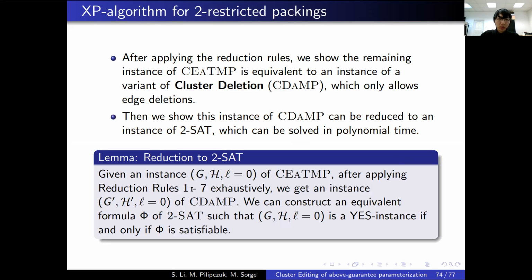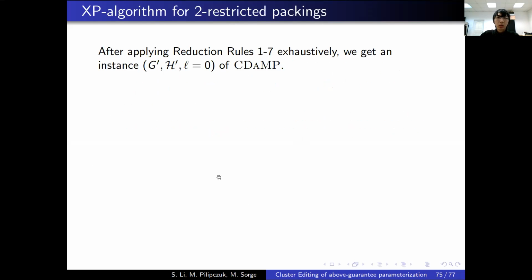This is our lemma. We can construct an equivalent instance of 2-SAT, such that the instance is a yes-instance if and only if phi is satisfiable. Let's introduce how we construct this 2-SAT instance. After applying the reduction rules 1 to 7 exhaustively, we get an instance of CDAMP.